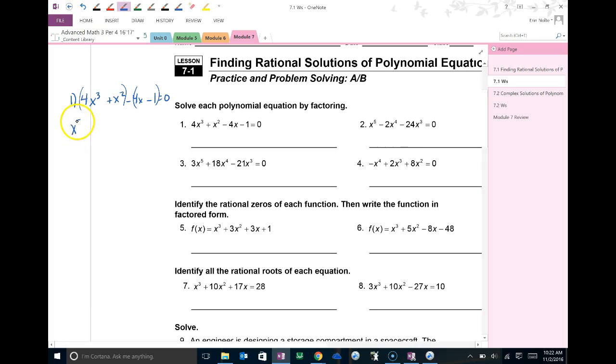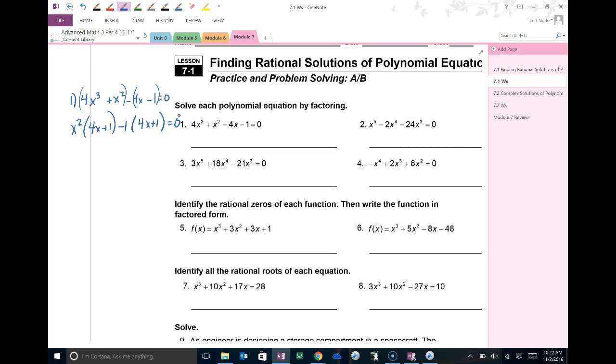Okay, so I pull out x squared, and what's left over? 4x plus 1. And the greatest common factor of the second quantity? -1. We put -1 and then factored that out.